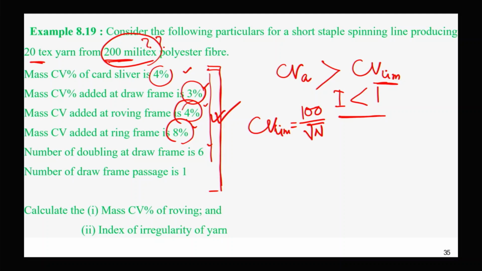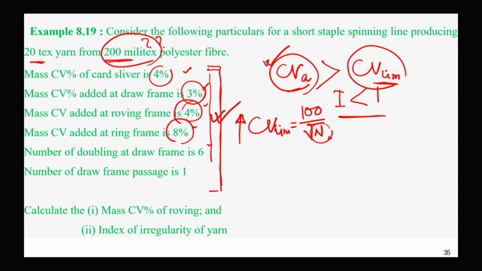So that means if we increase the number of fibers in the yarn cross section, then the limit irregularity can be decreased. So CV actual in our present condition is correct, so the CV limit should be less than the CV actual. For the CV limit to be lower, our number of fibers should be more, so the fiber millitex should be a little bit lower.